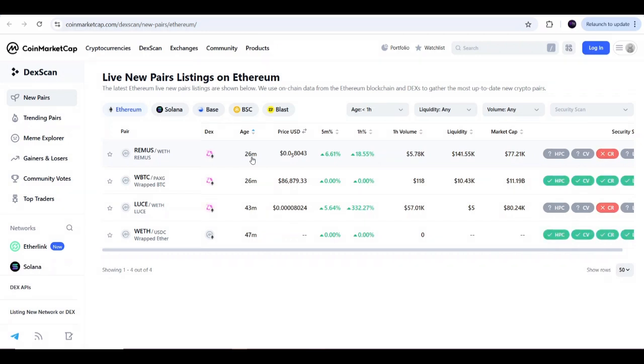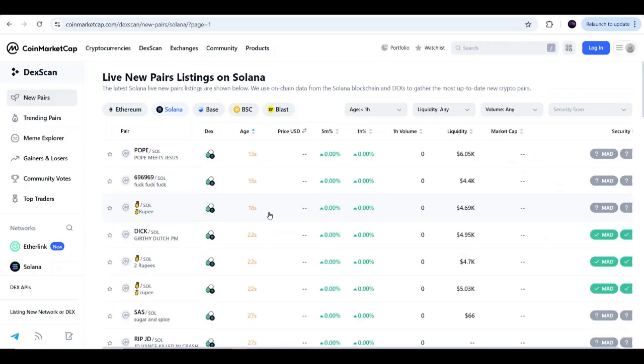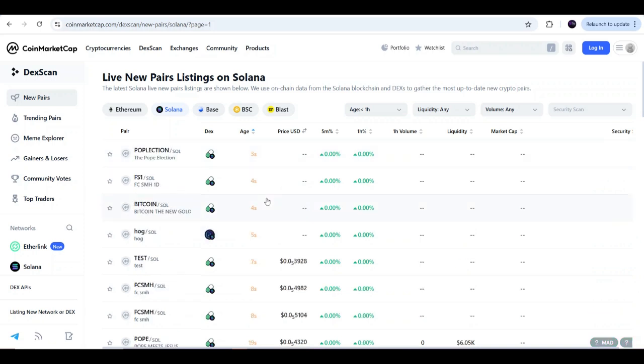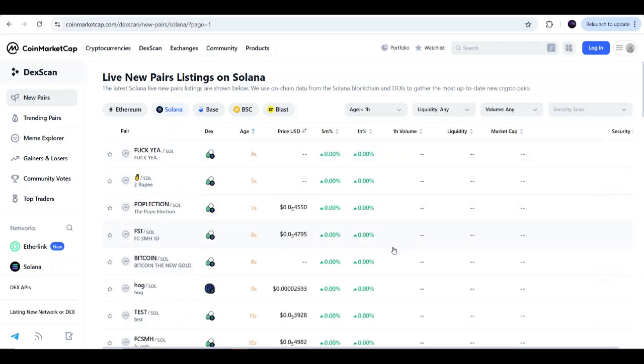You see, the age is 26 minutes, so it's only 26 minutes since this token was listed in the whole market. And look, the age is 4 seconds, guys. 4 seconds. It's just so new. You can keep an eye on the market easily and sort everything. It's just great.